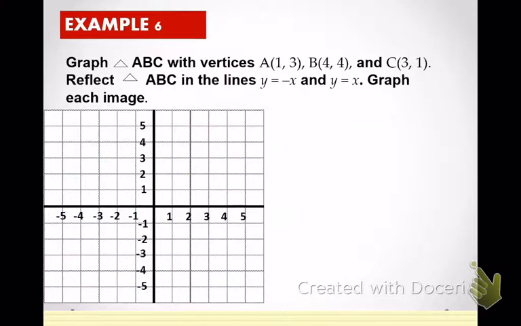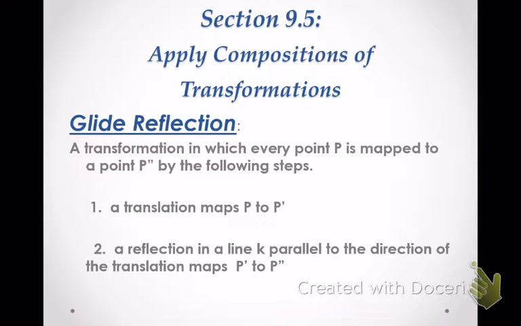These were the values you guys just gave me, weren't they? Okay, we'll skip that. Now we're going to do a composition of transformations. A glide reflection is a translation and a reflection.